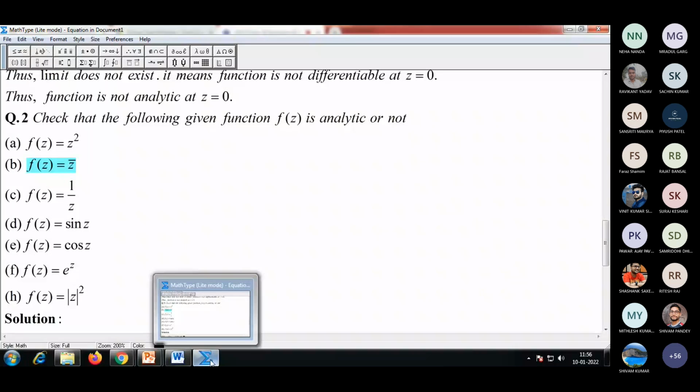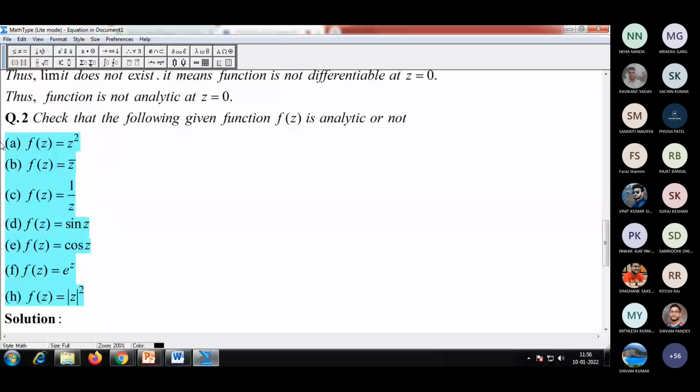Everywhere, or is there some point at which it is analytic? So it's non-analytic everywhere, I guess. Let me check. Okay, you are all advised to solve all these problems, because practice will give a better concept of the analyticity of a function.